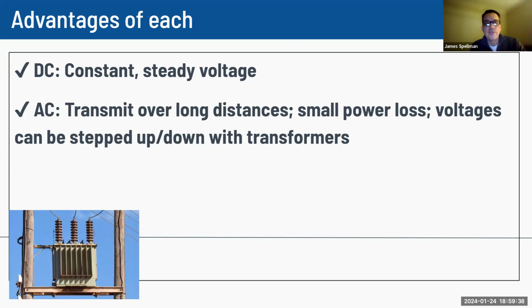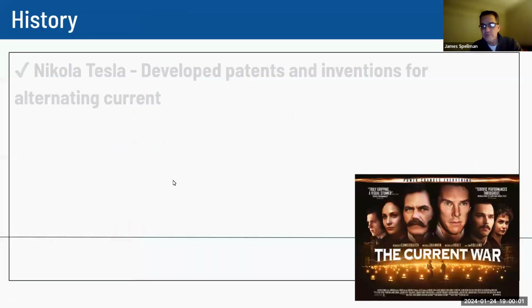When they get to your house, out somewhere near your property, even if you have underground ones, there are transformers that take the high voltage and step it down to a low voltage before it comes into your house. And those are things that DC really can't do. That's one of the reasons why we tend to use AC, at least up until the point that it comes into our houses.